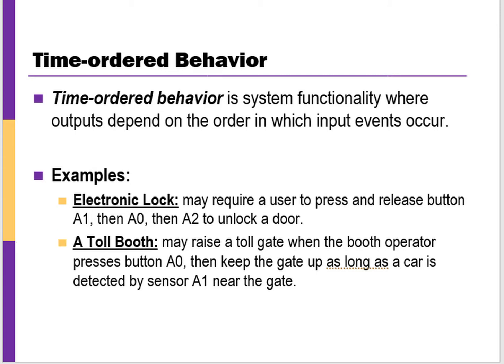So you have this order of events where the gate doesn't lift until the operator presses the button, and the gate doesn't lower until the sensor input is of a certain value. Time-oriented: the functionality of the system depends on the order of how the inputs arrive.